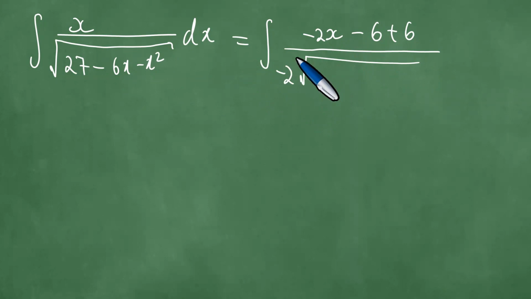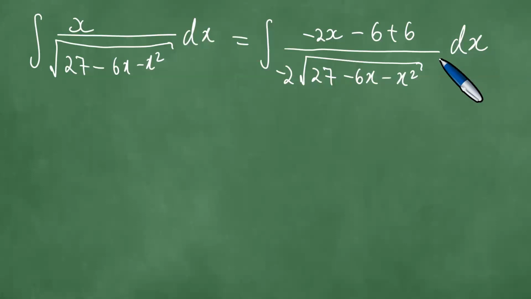So we're good. Which means, therefore, here we have 27 minus 6x minus x squared dx. Okay, so this is extremely important for us. But what is the meaning of this?